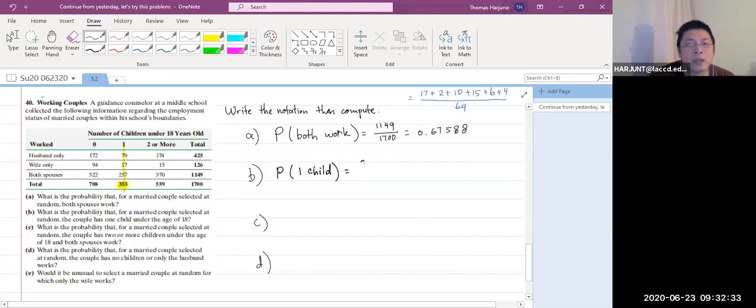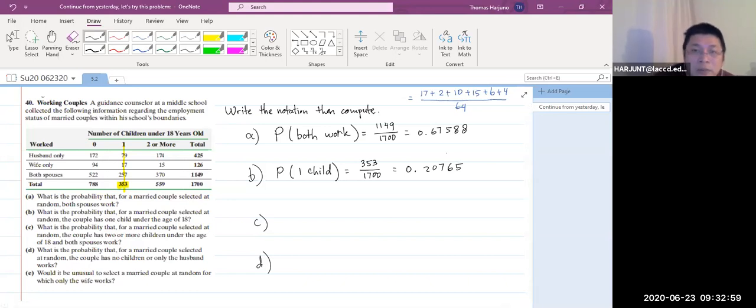That is 353 over 1,700. That is 0.20765. It's supposed to be 647, but I have rounded to 5 decimal places, right?